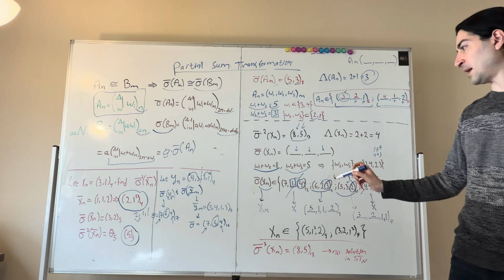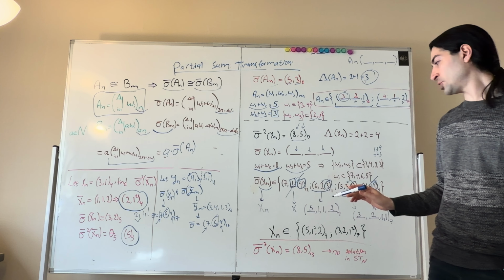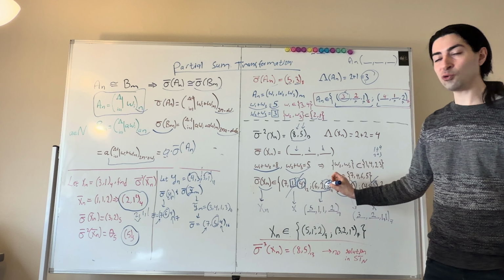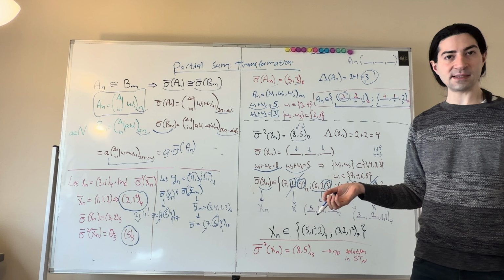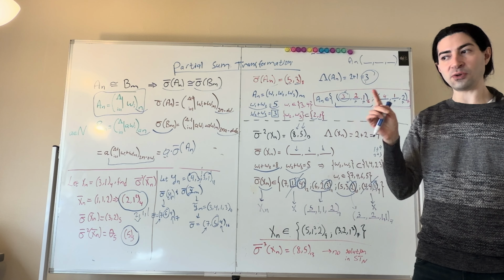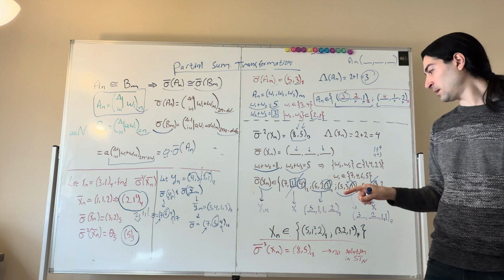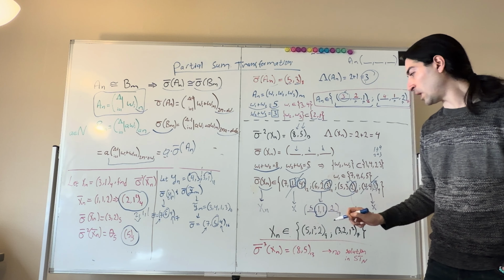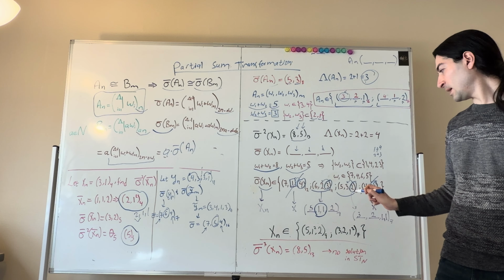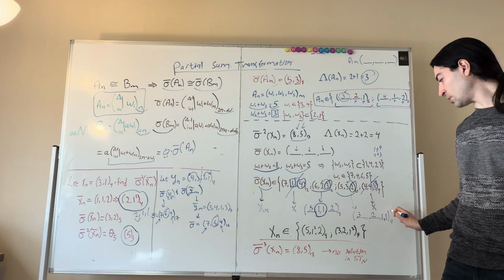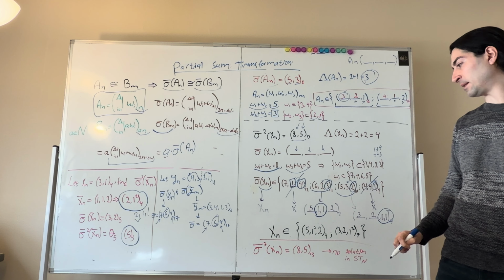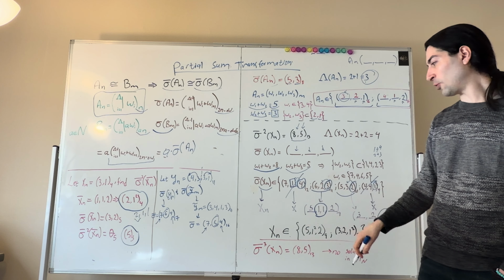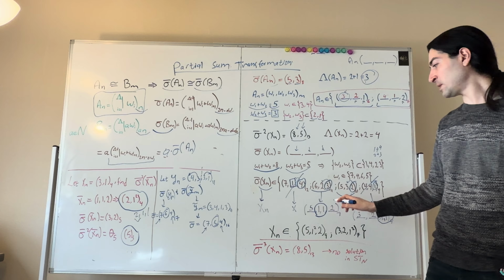So let's apply the same logic. Because we have 2's, it makes it very easy to solve. So once you see a 2, you know there has to be 1 and 1. So here we have a 2, so we know for sure there has to be 1 and 1 in the middle. And here we have a 2 at the end, so there has to be 1 and 1 at the end. And then we go in reverse.